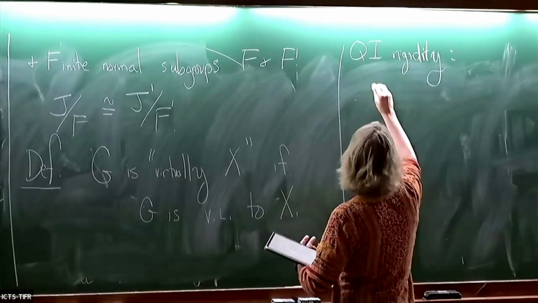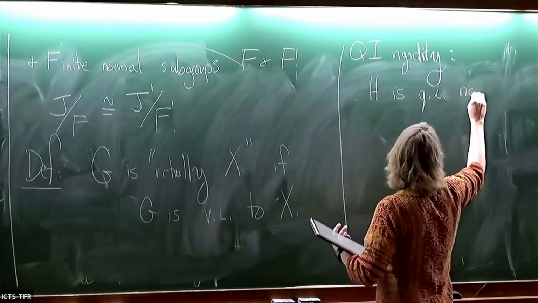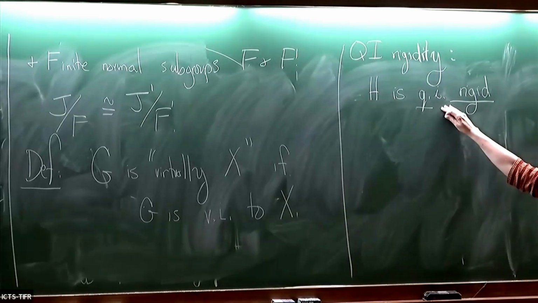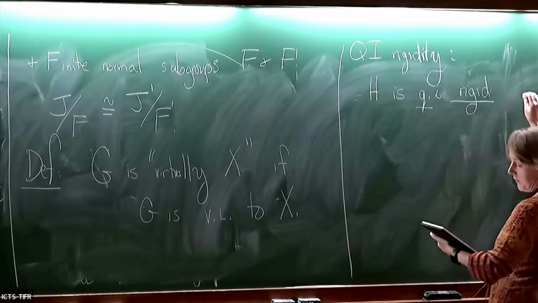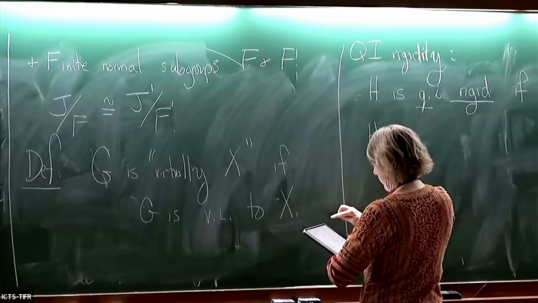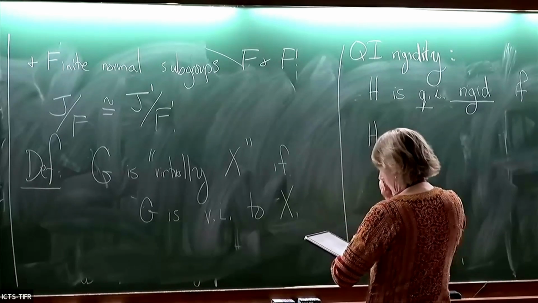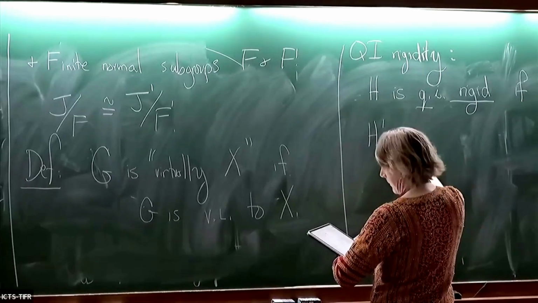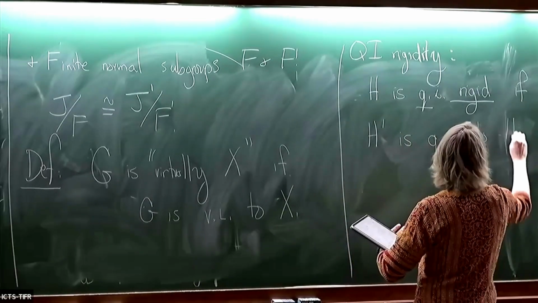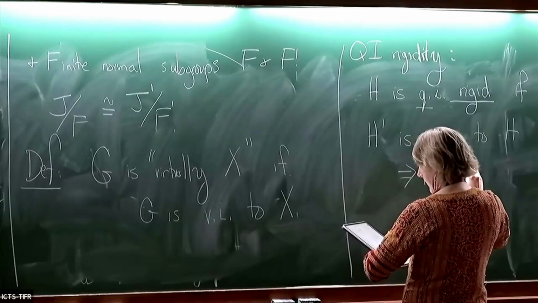We say that H as a group is QI rigid. I've stopped writing quasi-isometry and I'm always writing QI from now on. H is QI rigid if H prime quasi-isometric to H implies that H prime is virtually H.